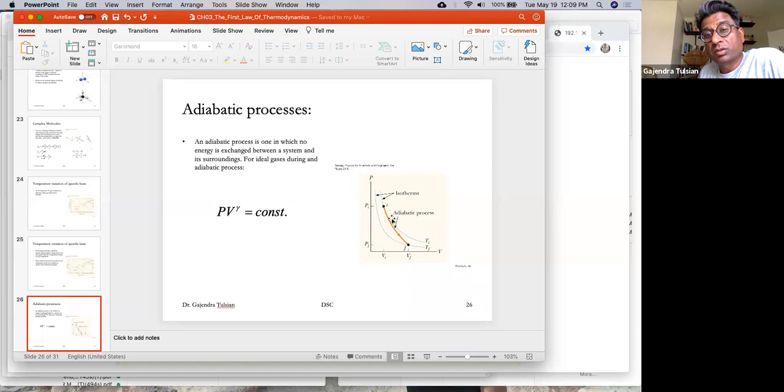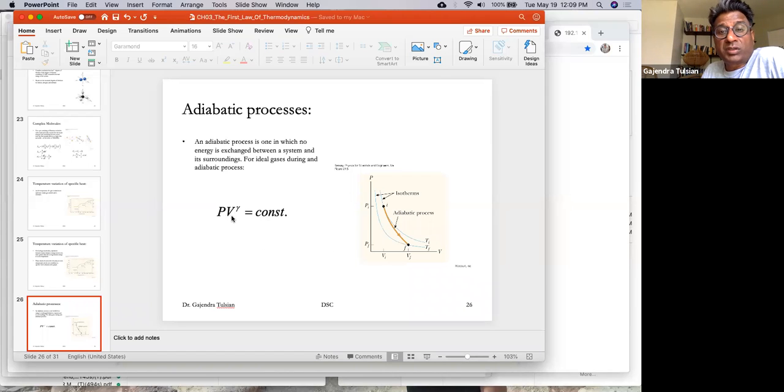This was an expansion, so the gas cooled. A good example is when you pump a bicycle with air. When you're pumping the air, that's an adiabatic process because you're pumping it fast enough that there's no chance to lose heat to the environment. Anyway, here's an adiabatic expansion and the gas cooled.